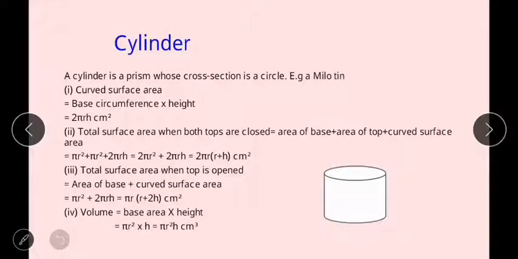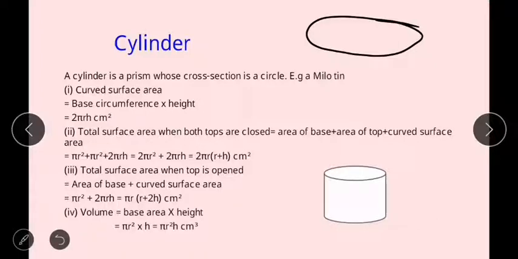The curved surface area of a cylinder is given as its base circumference and height. What is the base circumference of a cylinder? The base circumference of a cylinder is like trying to find the circumference of a circle.